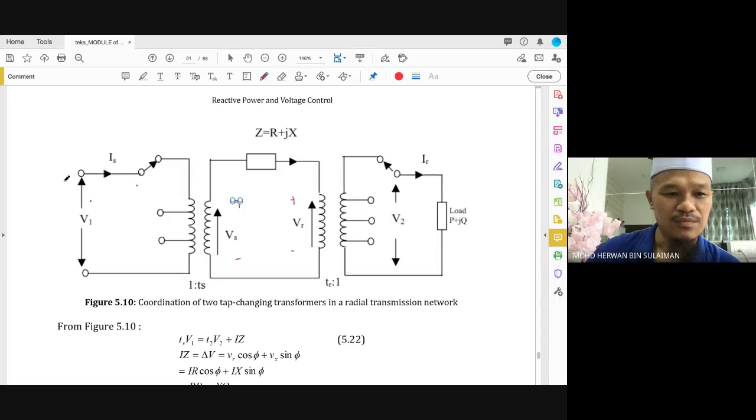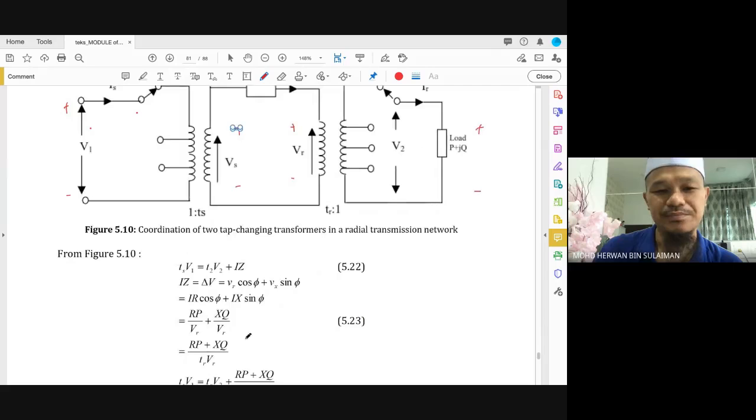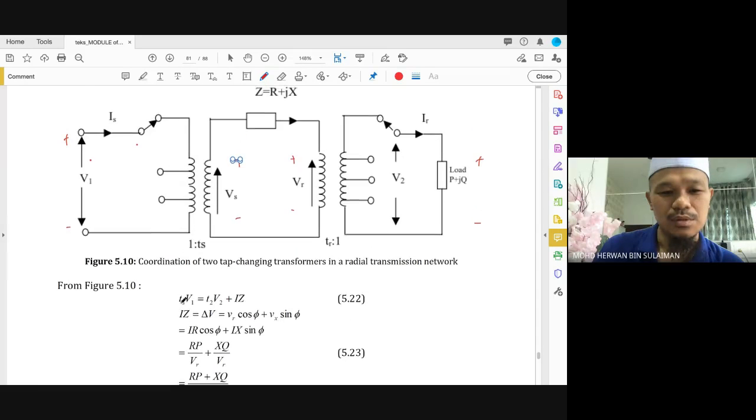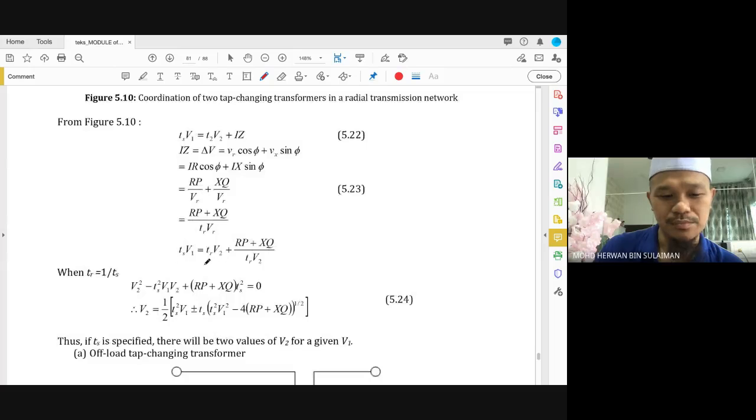From this figure, we can derive the Vs as well as Vr, to obtain the transformer tapping.